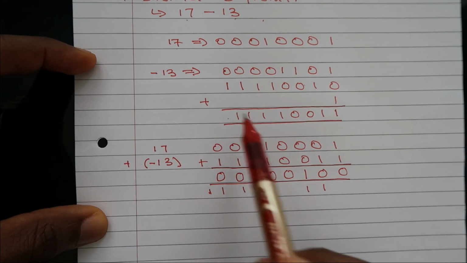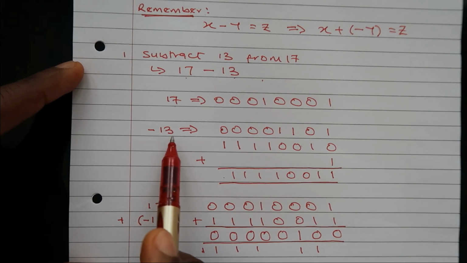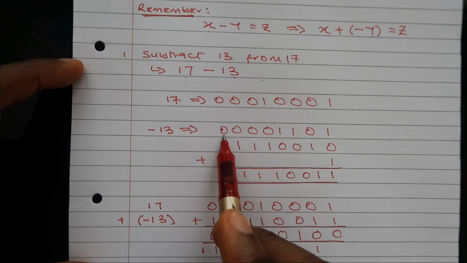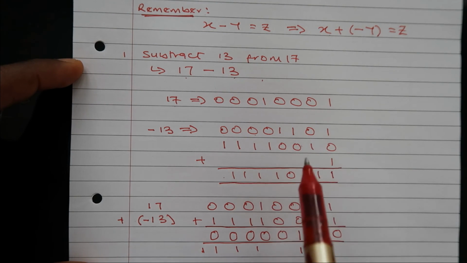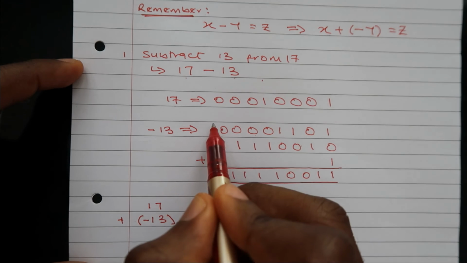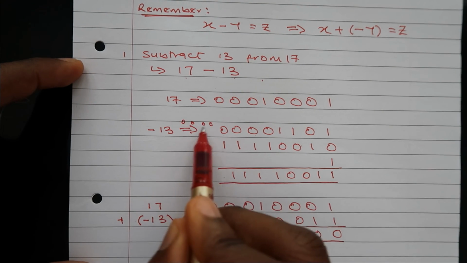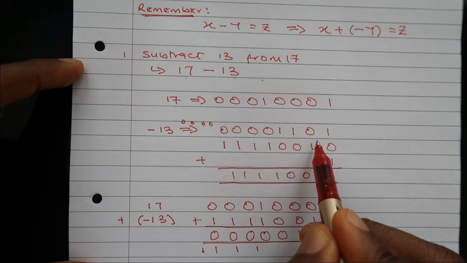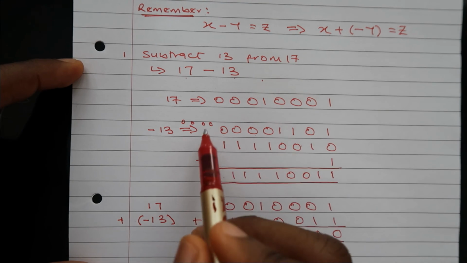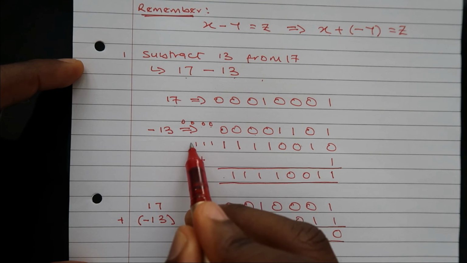Remember that when we did minus 13 here, we had the leading zeros. This is exactly the same thing. If I add multiple zeros in front here, it won't affect my value for minus 13, which therefore means that if I had flipped these multiple zeros, I would have a recurring 1.